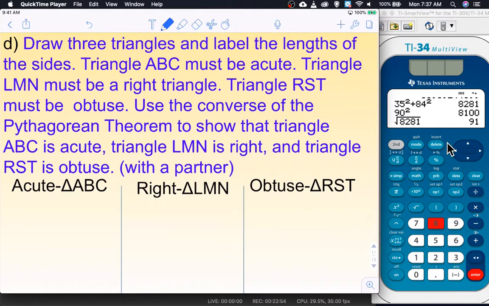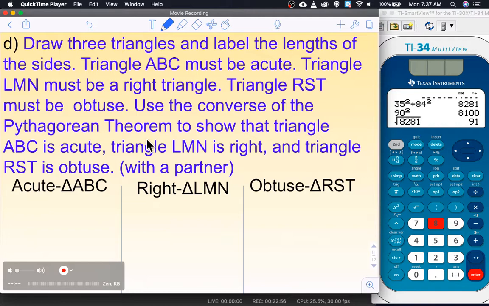You are going to draw 3 triangles. Triangle ABC is going to be an acute triangle. Triangle LMN is going to be a right triangle. And triangle RST must be an obtuse triangle. I want you to use the converse of the Pythagorean theorem to show that each triangle is what it's supposed to be.